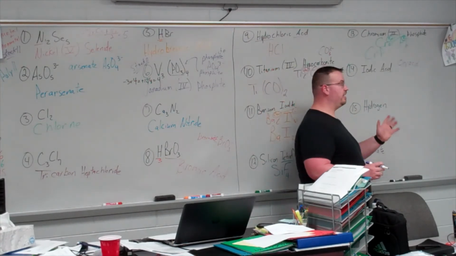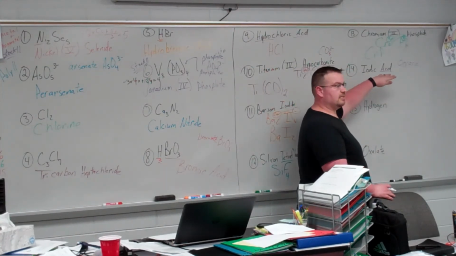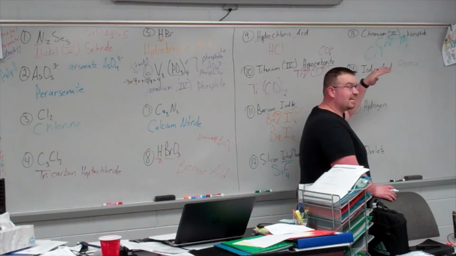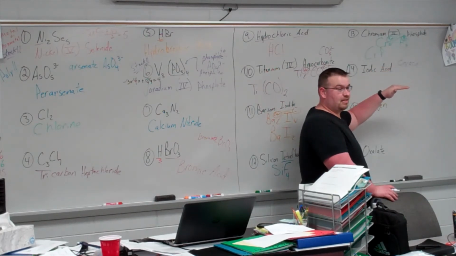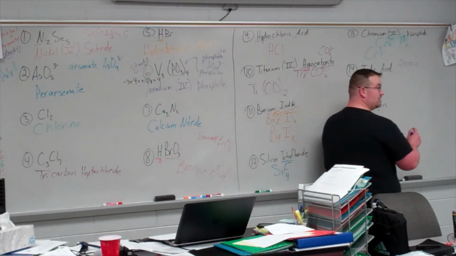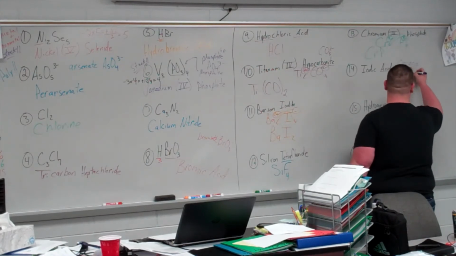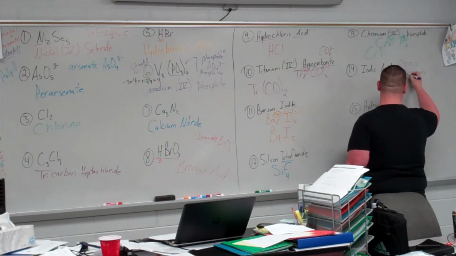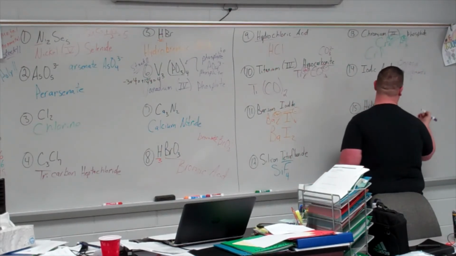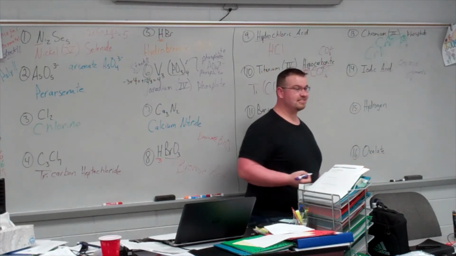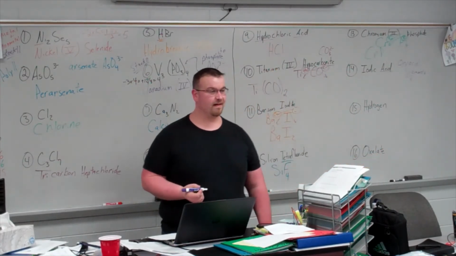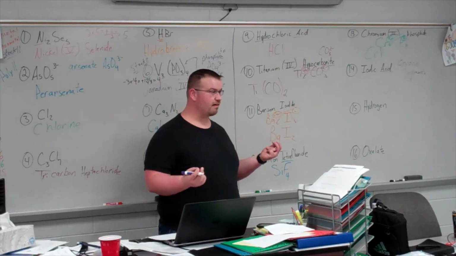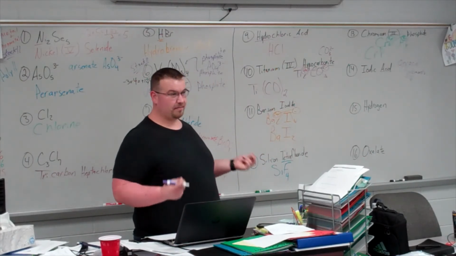Oxyacids have how many elements in them? 3 elements. What's the first element? Hydrogen. The first element in acids is hydrogen. The second and the third come from the polyatomic ion.